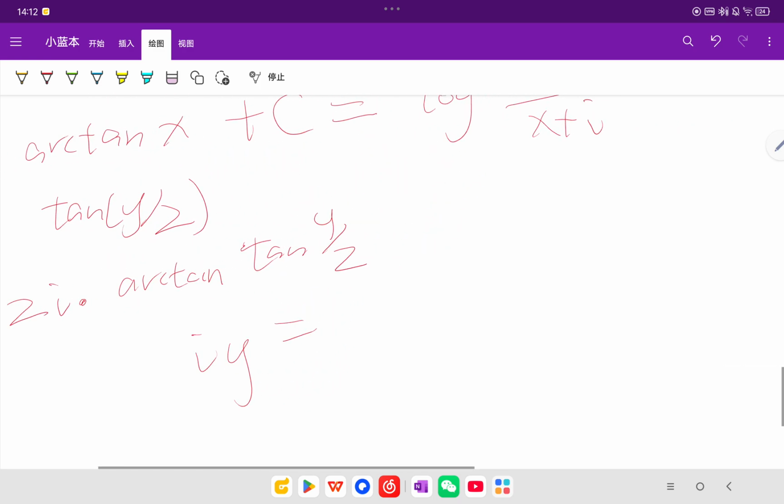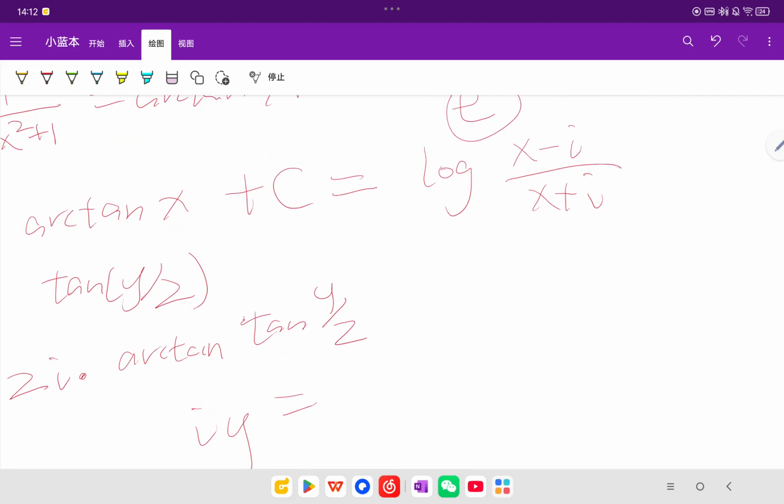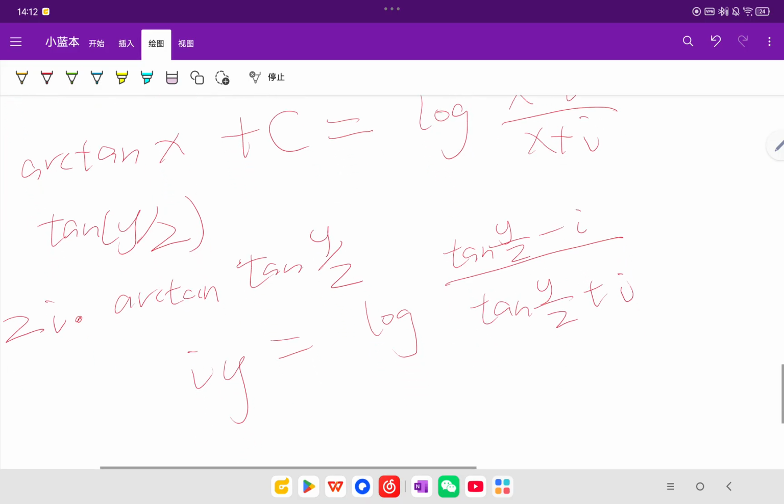equals log of tan y divided by 2 minus i divided by tan y divided by 2 plus i.